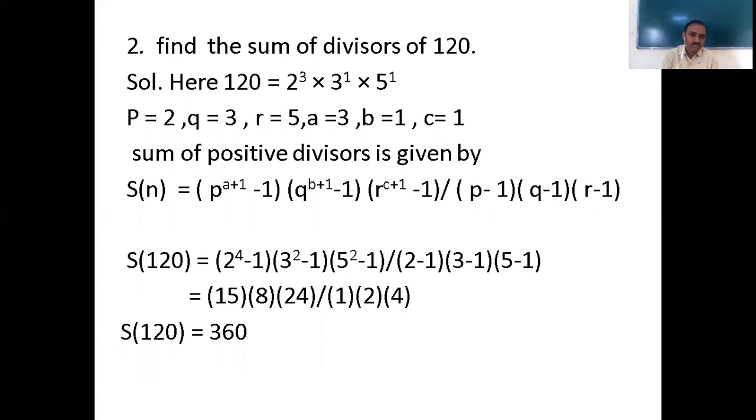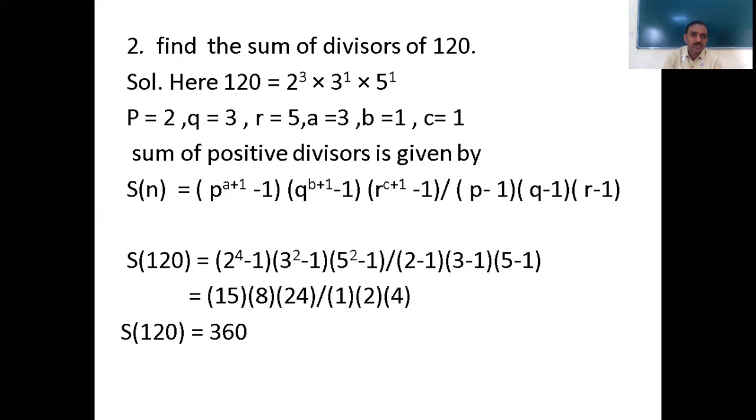So the formula: the sum of positive divisors is given by Sn is equal to (P raised to A plus 1 minus 1) into (Q raised to B plus 1 minus 1) into (R raised to C plus 1 minus 1) divided by (P minus 1) into (Q minus 1) into (R minus 1).